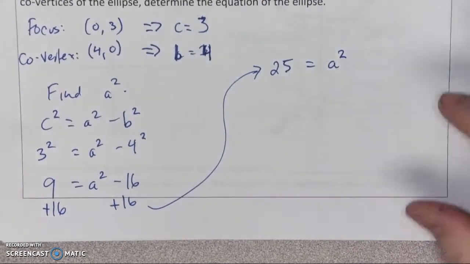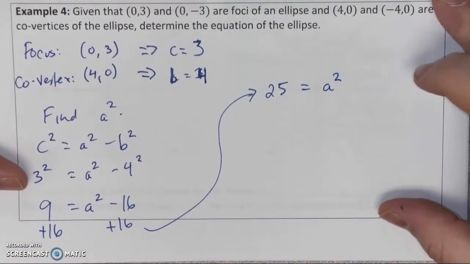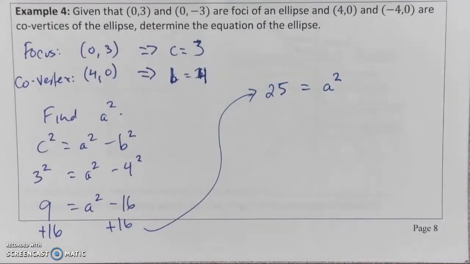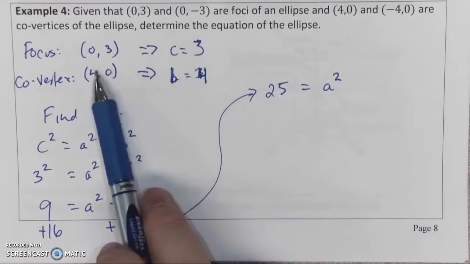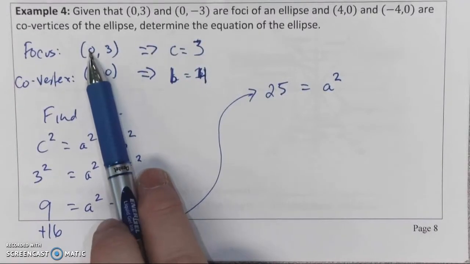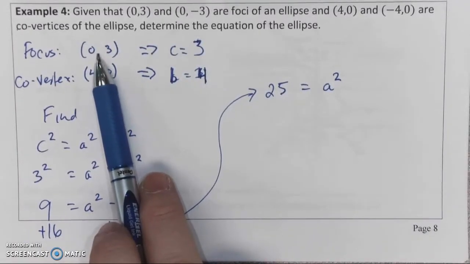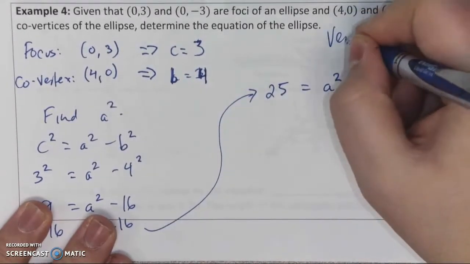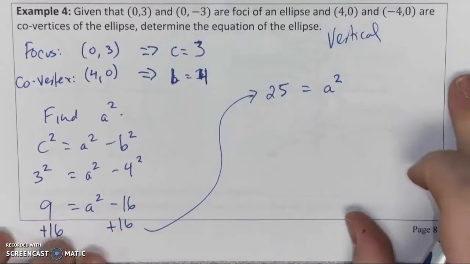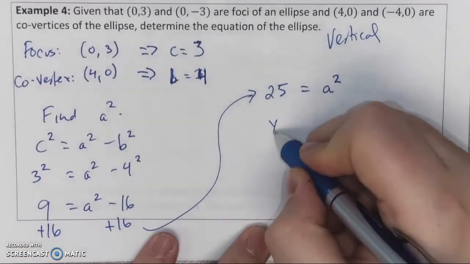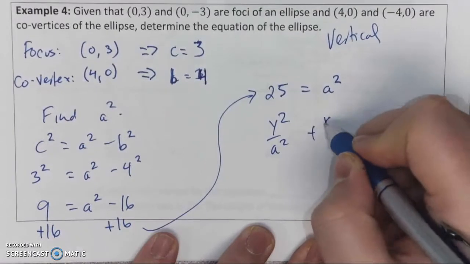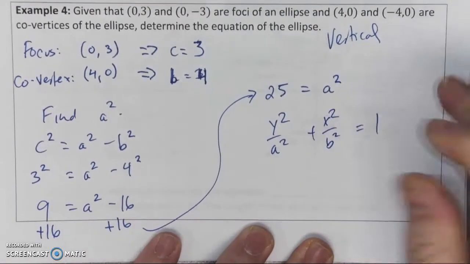Now, we didn't say whether this was a horizontal or a vertical ellipse. It doesn't matter which point you pick, but since your focus has 0 in the x spot, that means you should have a vertical ellipse. So this should be vertical, which means your equation of the ellipse should be y squared over a squared plus x squared over b squared equals 1.